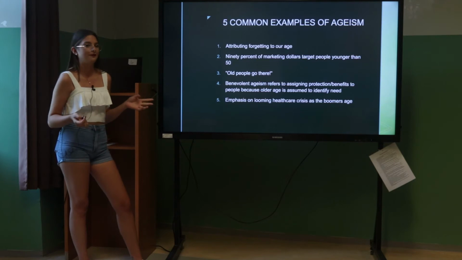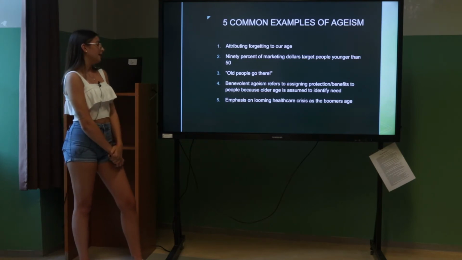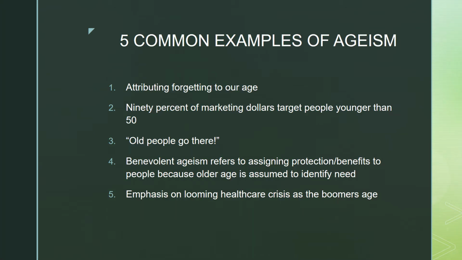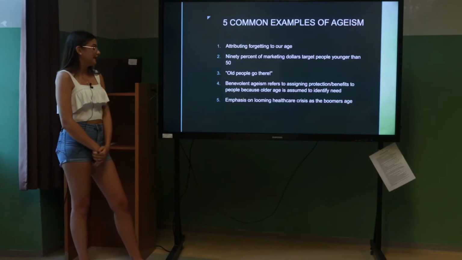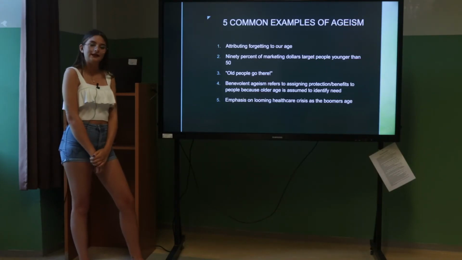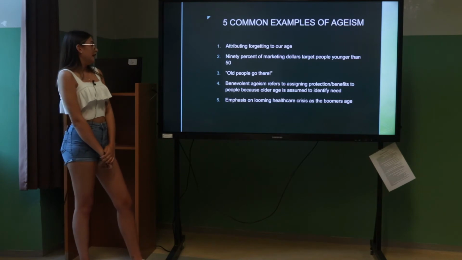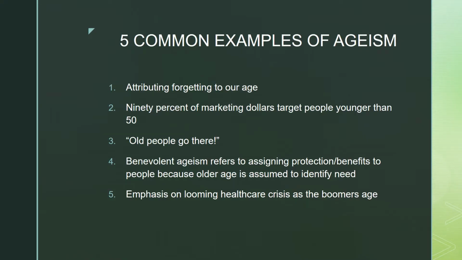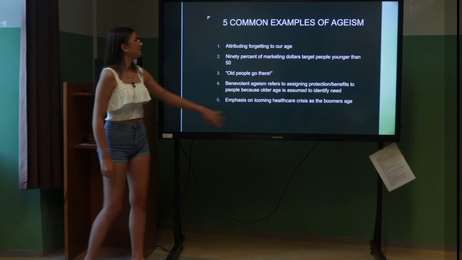Everyone can do whatever they feel like doing. Benevolent ageism refers to assigning protection or benefits to people because older ages seem to identify need. And this harms the ability of the elderly. And emphasis on a looming healthcare crisis as the boomers age.